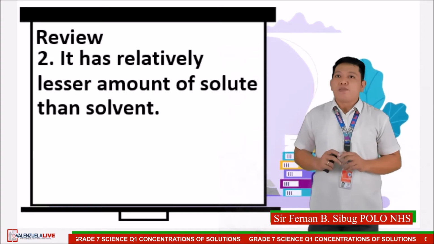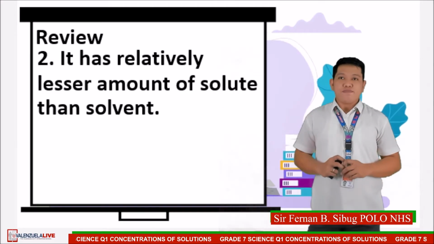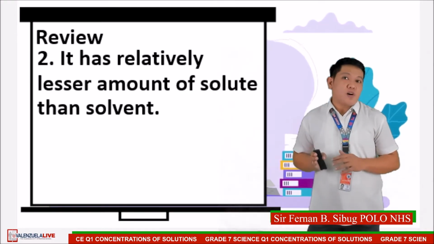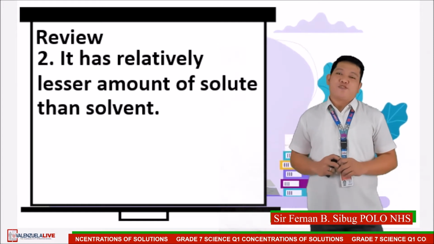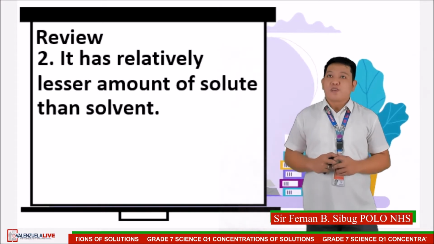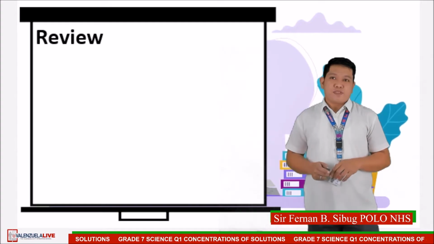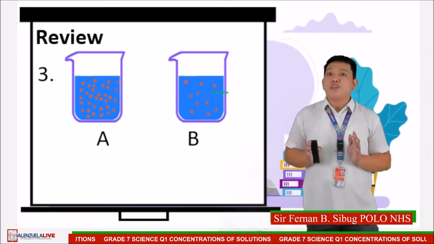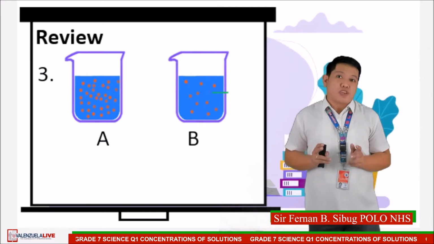It has relatively lesser amount of solute than solvent. Is it concentrated or dilute? Type in your answer. Correct. This is dilute solution. The two pictures represent a particular representation of these two solutions.